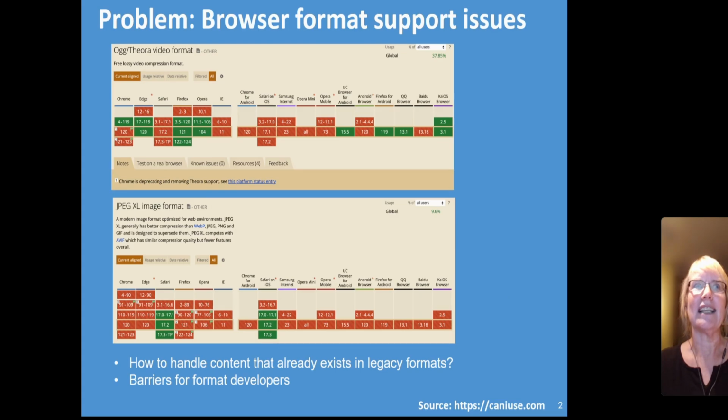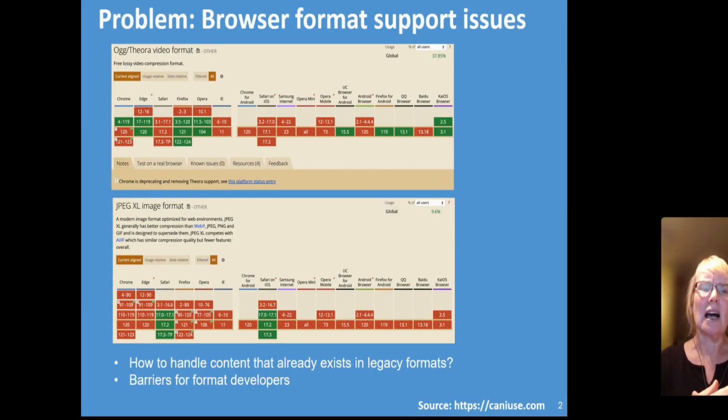So let me turn immediately to the problem that we're addressing, and that is there's a host of multimedia formats out in the world. Here's a snapshot from Can I Use of two popular ones, OGG Theora Video and JPEG XL image format. And what we see is that these are not universally supported, and in fact, browsers have been adding and dropping formats at will.